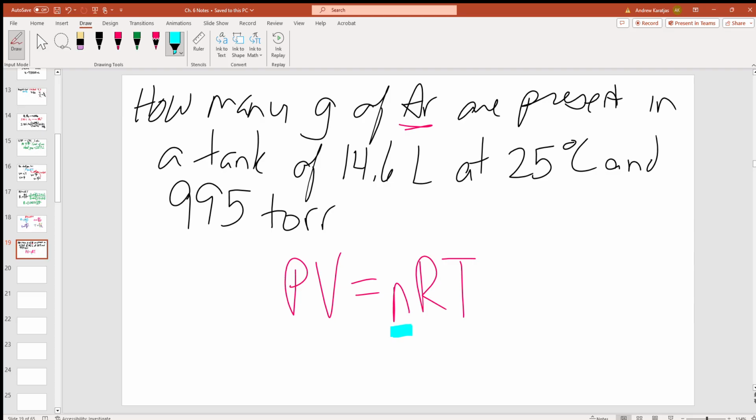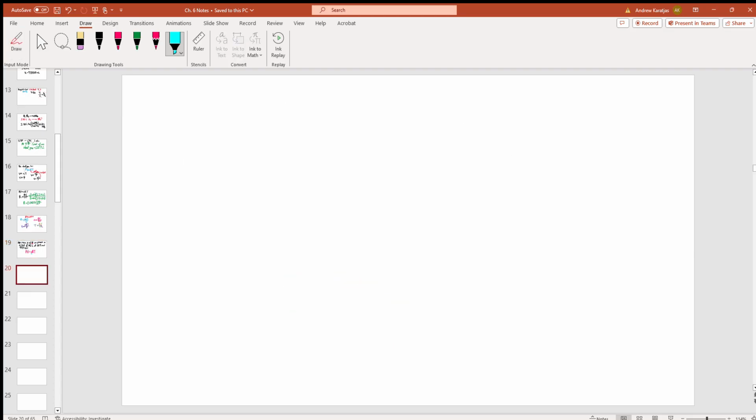So if we solve for number of moles, then we can use that with the molar mass of argon to find the number of grams. So let's do that. So we'll start by rearranging: number of moles equals PV over RT.